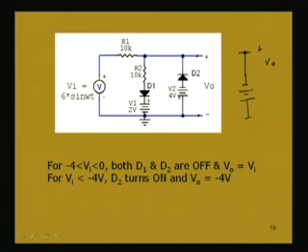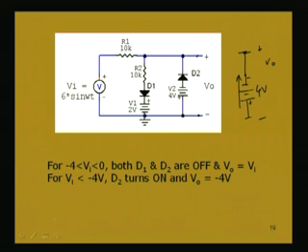So, V naught, with this polarity we are considering, is 4 volt. This point is positive, this point is negative, so it is a voltage fall in the direction plus to minus. So, V naught with respect to this point is minus 4 volt. V naught is minus 4 volt when the diode D2 is turned on.